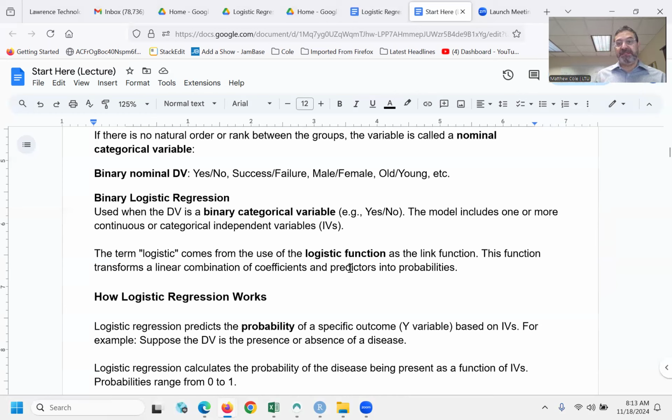So whereas when we did linear regression, we had, in the units of our variables, a 1 unit change in the independent variable. When we look at the unstandardized regression coefficient, that's going to tell us how much of a change in y is occurring based on the units of the independent variable.